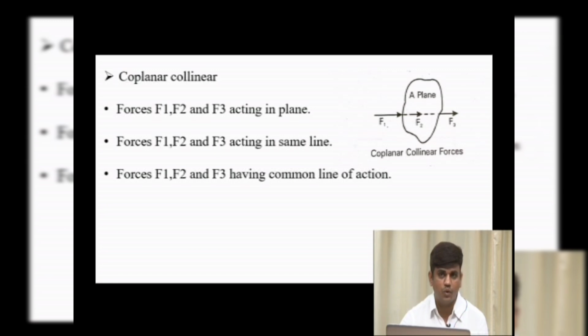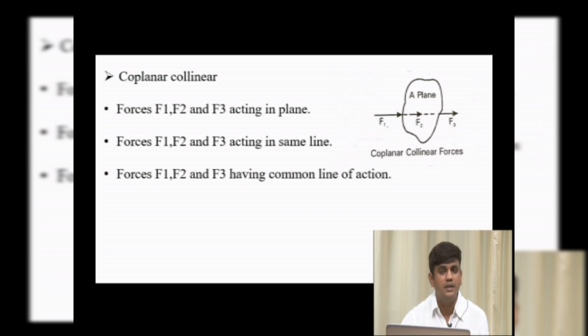First one, coplanar collinear. Forces F1, F2, F3 act in the same plane. That is the major explanation of a coplanar system. You can observe F1, F2, F3 are in a single plane, maybe XY. And the third point, F1, F2, F3 have a common line of action.